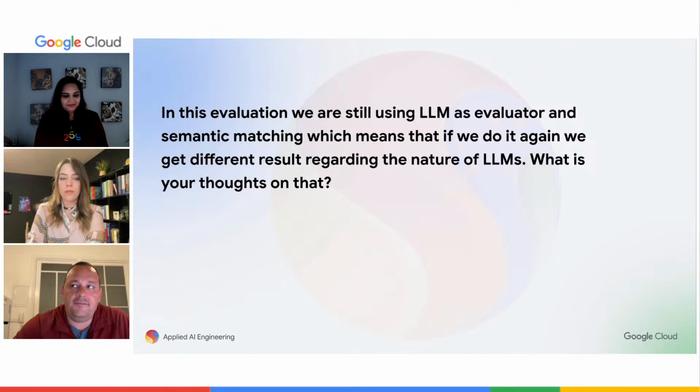So I don't have too many concerns on that particular front, because LLMs are very good these days at evaluating whether two statements are semantically equivalent. Okay, I hope it answered the question.